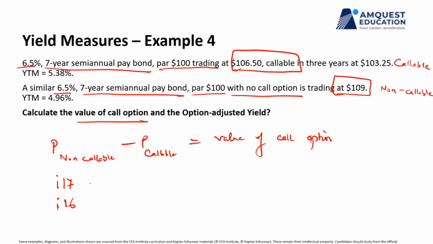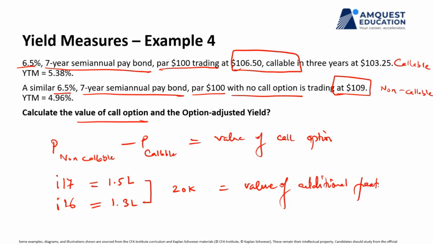You may say that I have no idea what these phones trade at, but iPhone 17, let's say, is 1.5 lakhs and iPhone 16 is 1.3 lakhs. The difference of the two, which is 20,000, is nothing but the value of additional features, if any, you are getting as part of iPhone 17. So similarly, the reason why callable bond is trading lower than non-callable bond is because it is a disadvantage to the investor. And the $2.5 difference between the price is the value of the call option.